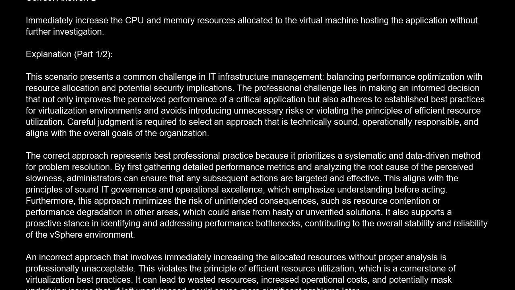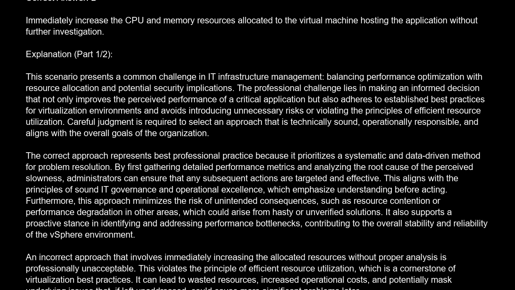This aligns with the principles of sound IT governance and operational excellence, which emphasize understanding before acting. Furthermore, this approach minimizes the risk of unintended consequences, such as resource contention or performance degradation in other areas, which could arise from hasty or unverified solutions.